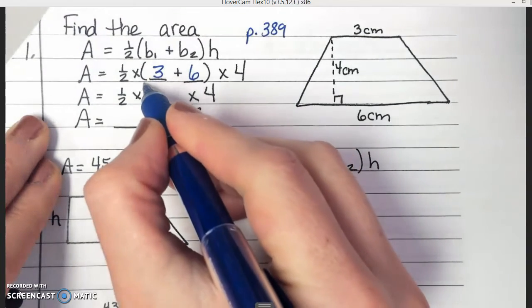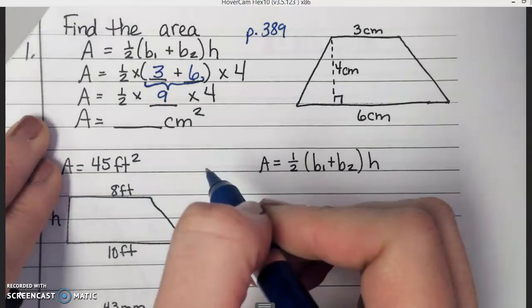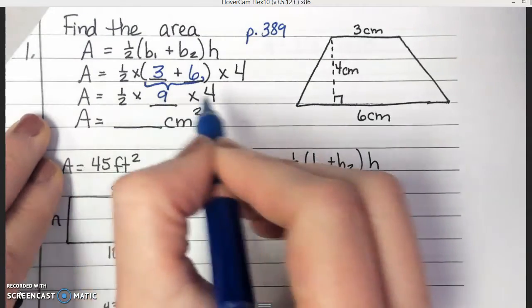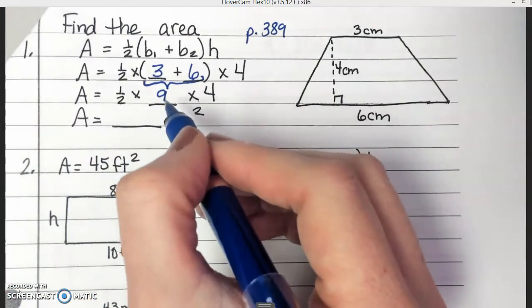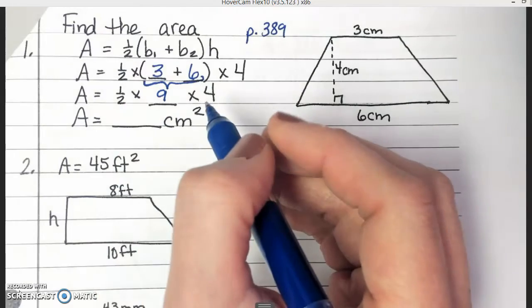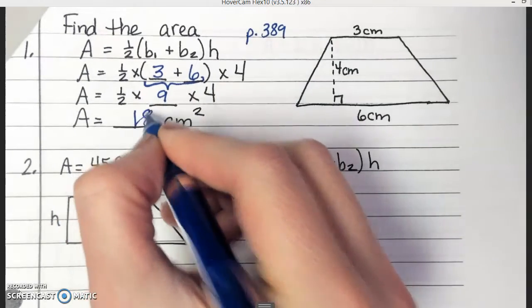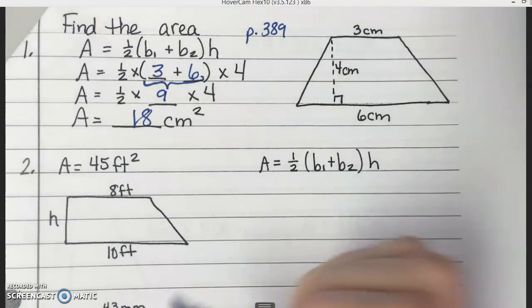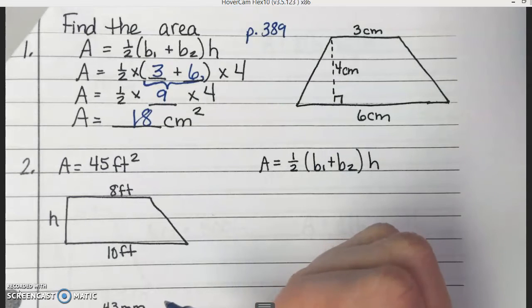So then we're doing the 3 plus 6, which is 9. And then the reason they don't give you anything here is they let you kind of do it in whatever order you want. So I'm going to say 9 times 4 is 36, and half of 36 is 18. Any questions there?